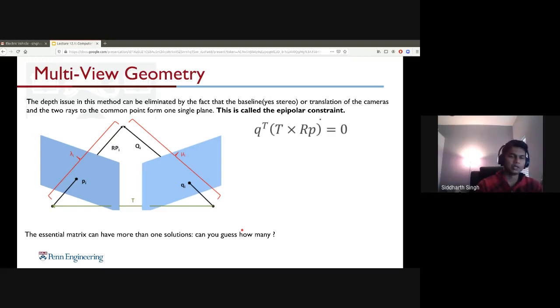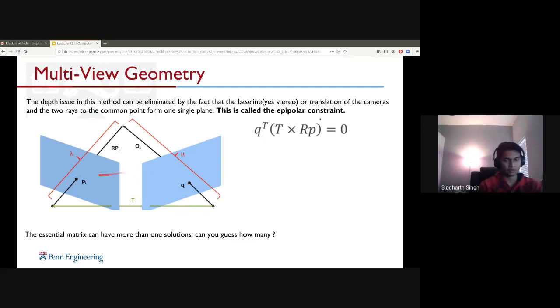So there can be more than one solution to this essential matrix, right? And this is something very interesting to know, and I would really like to see if someone can come up with one or two of these solutions, not even mathematically, just intuitively. If I have 2 points p and q, and I know that they are looking at the exact same point in the world, and I find the t and r using this formulation, will I have only one solution?